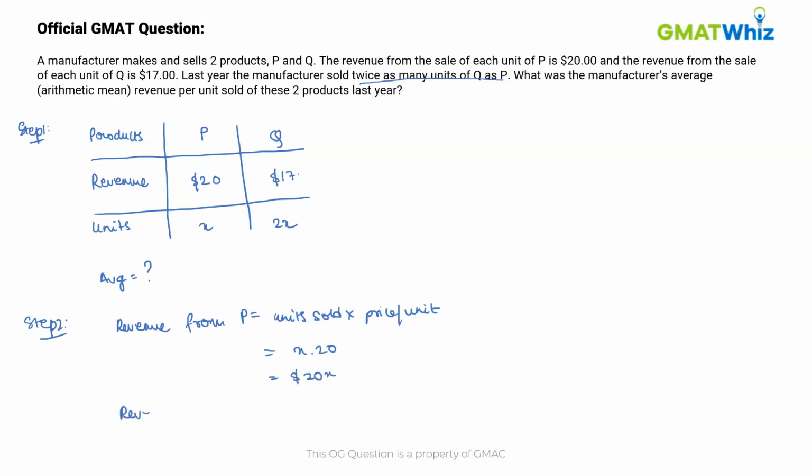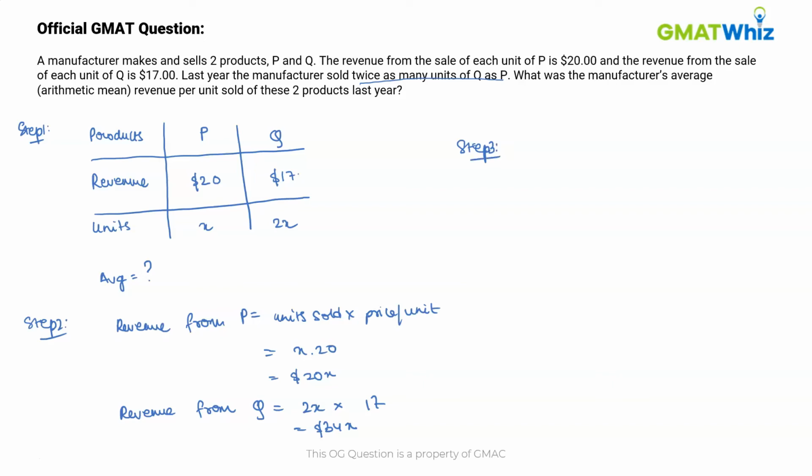Similarly, we can find out the revenue from the sales of Q. It is equal to 2x times $17, which gives us 34x dollars. So now to calculate the average revenue per unit sold, we move on to step 3.